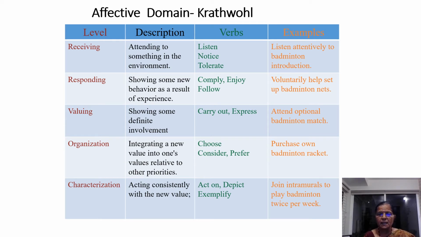And so the next higher level is organization, where you integrate the newly acquired value when compared to other priorities. Now, look at the example, then you will be able to understand better. Always look at the example, don't go for these words, these jargons. They may confuse you, but just look at the simple day-to-day example. You will better understand the concept, then go to the words.